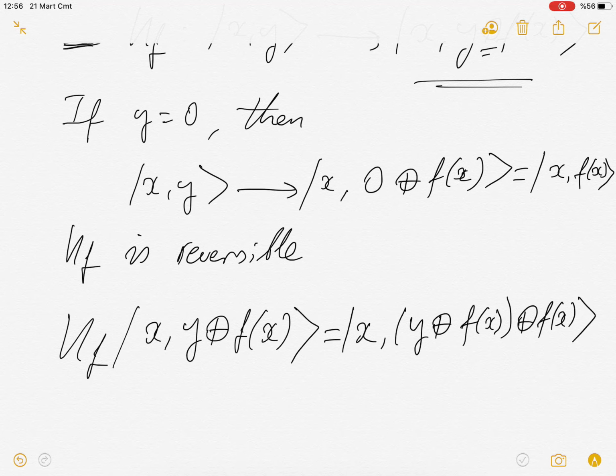Now we know that f of x XOR f of x is simply 0, and y XOR 0 is simply y, so this will be equal to xy.